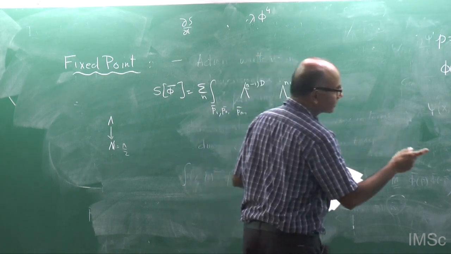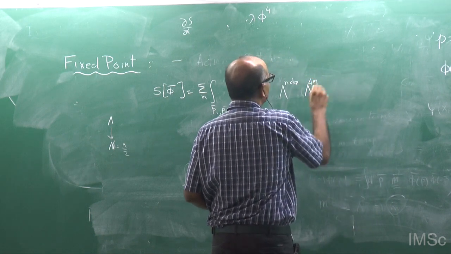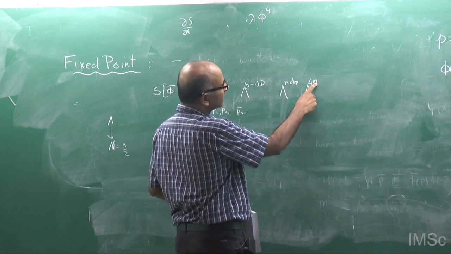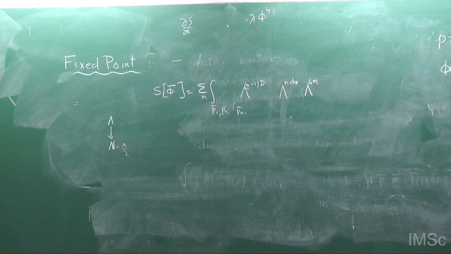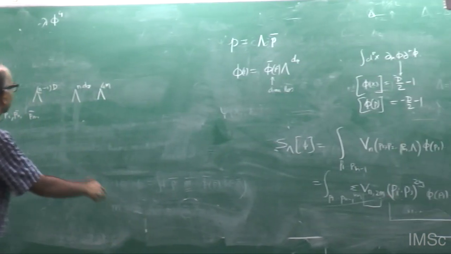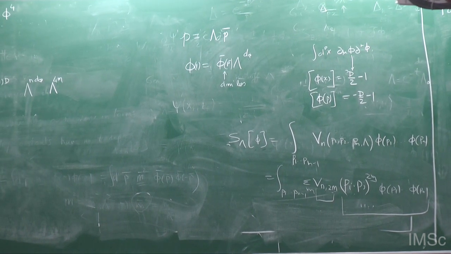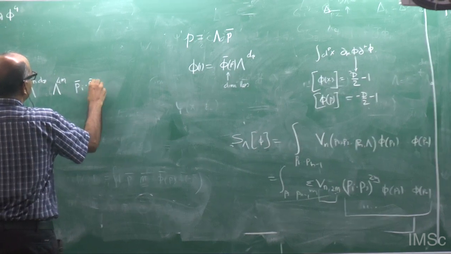Well, there's 1 lambda for each, so I have 4, so I should put 4m there. But this m is the number of momenta. Okay, so here, this has 2m pairs, so 4m is the number of momenta. So lambda to the power 4m, times p bar i dot p bar j.